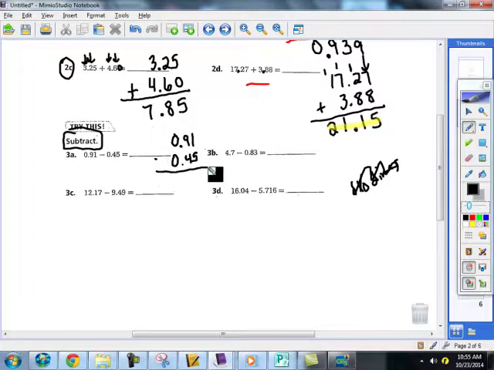Okay? All right? Now here again, this is my pennies, this is my dimes, this is my $1 bills. Okay? I'm trying to take 5 pennies from 1 penny. Is that going to be possible? No, it is not. So I'm going to go over and I'm going to take one of these dimes I have. I take a dime. Now I have only 8 dimes there.